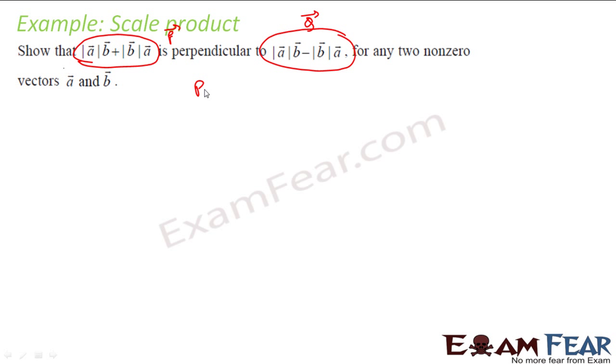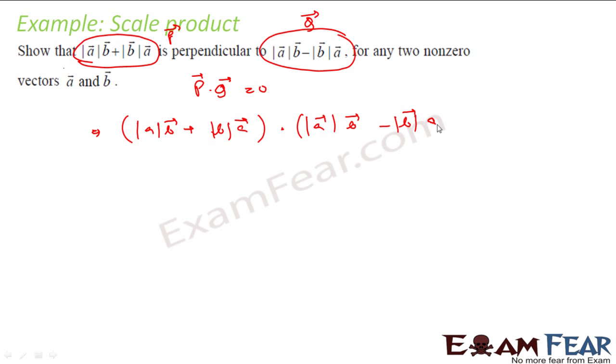The dot product P dot Q has to be 0 since they are perpendicular. So what is P? This guy, that is magnitude of A into B vector plus magnitude of B into A vector, dot magnitude of A into B vector minus magnitude of B into A vector, has to be 0.